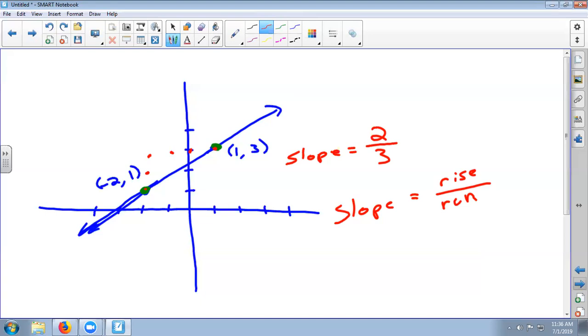I'm counting from one, right 3. So positive 3. Now I can go the other way. Down 2, left 3.